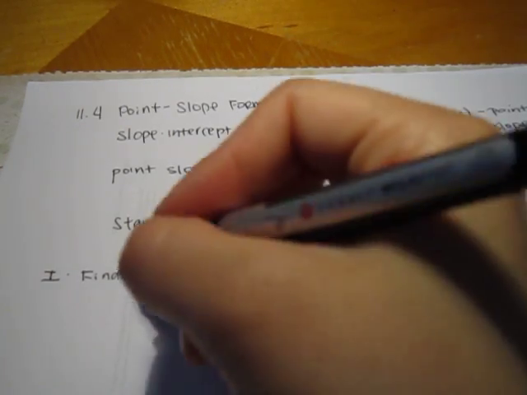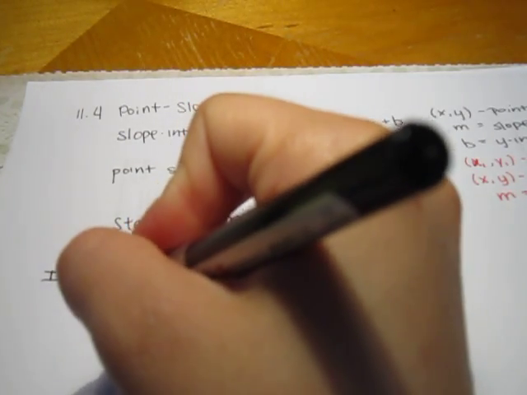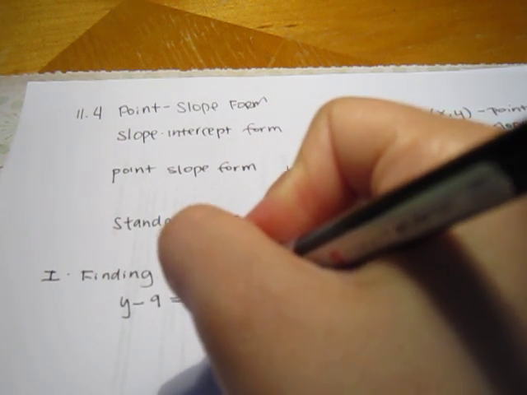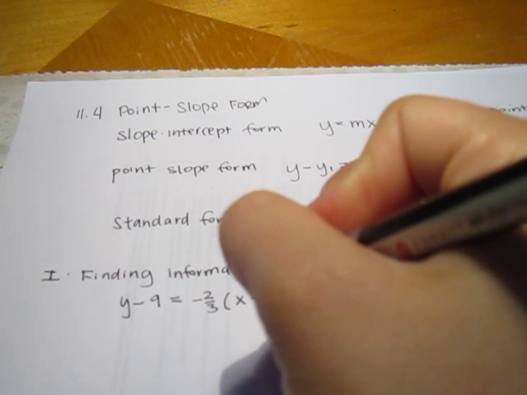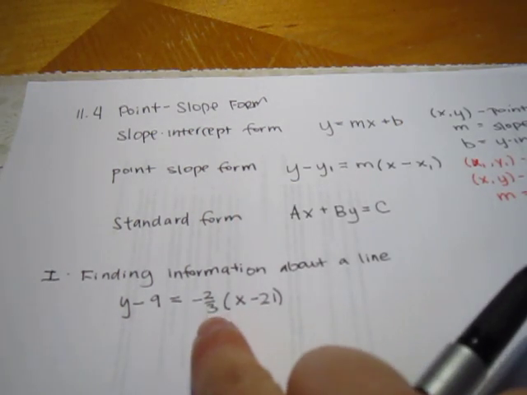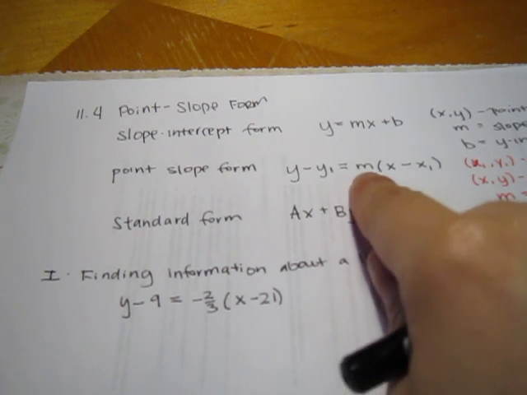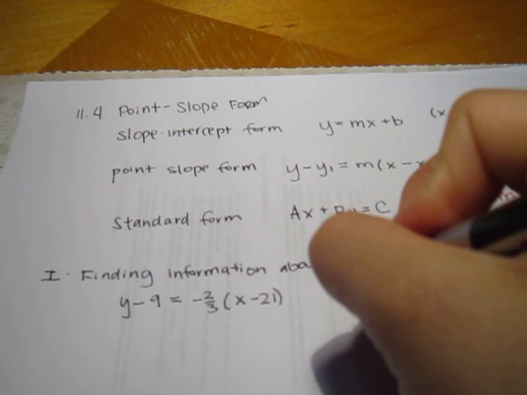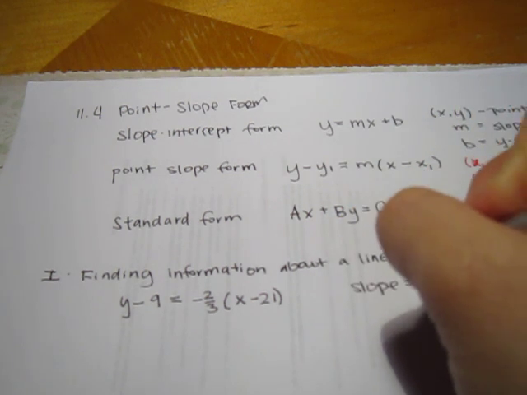So let's say, for example, I give you the point slope form that looks like this. y minus 9 equals negative 2 over 3 times x minus 21. We can pull out some really easy information. First of all, we know that the m, in this case the negative 2/3, is the slope. So our slope equals negative 2/3.